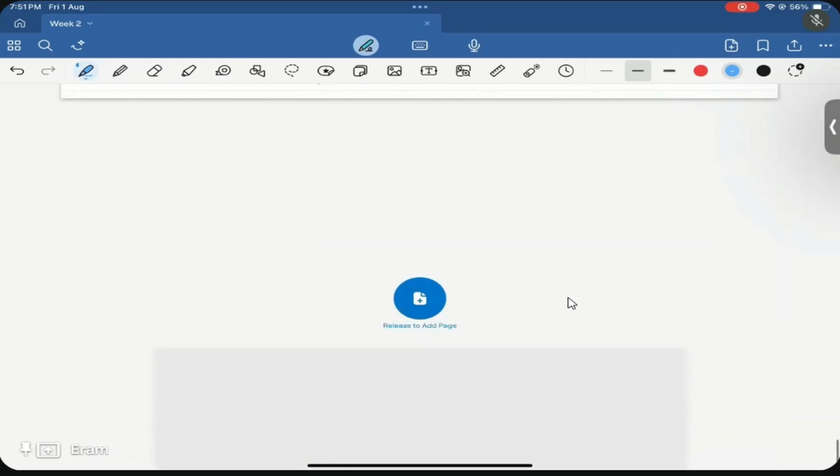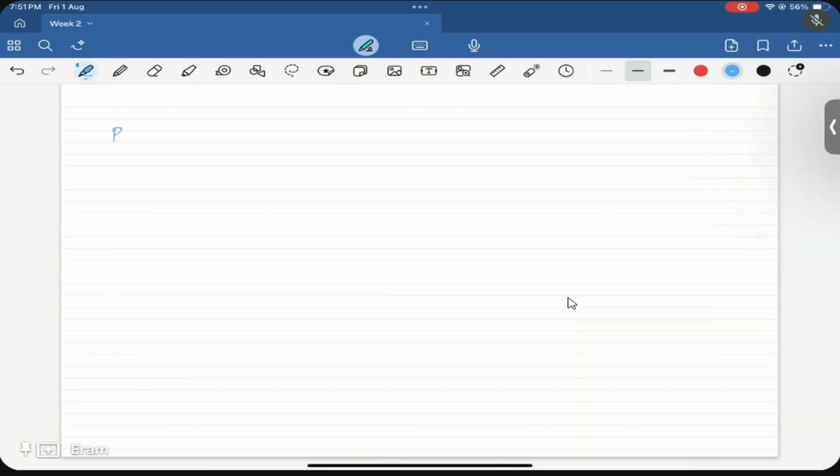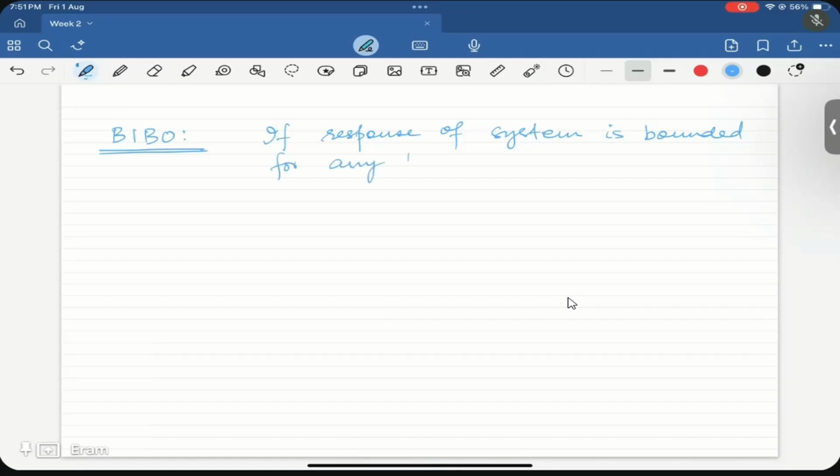So BIBO stability means, in summary, we can say that the system is BIBO stable if the response of the system is bounded for any bounded input, right?